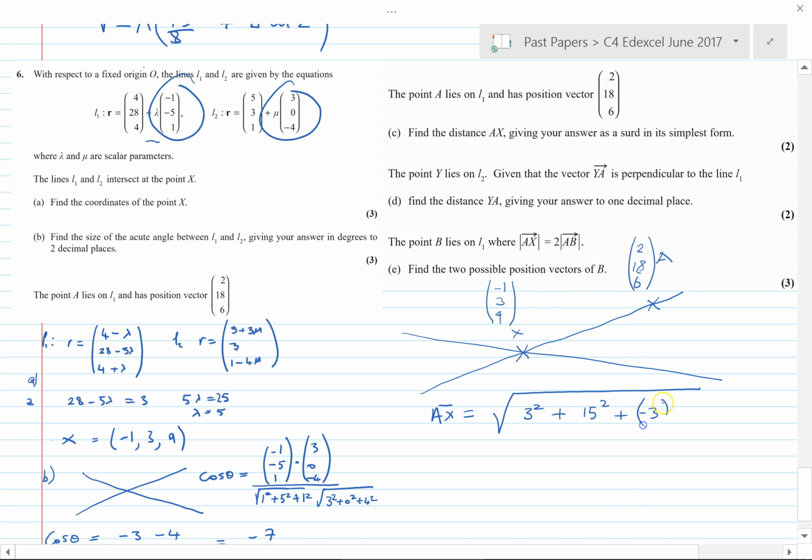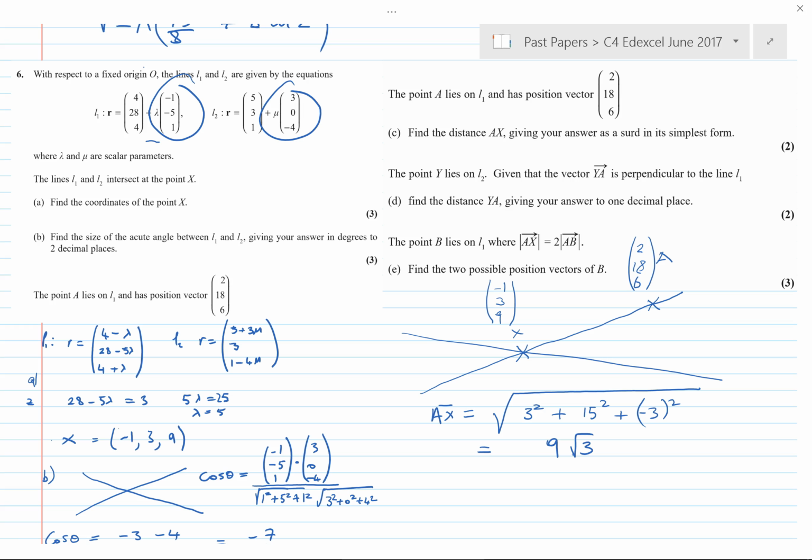Don't really need the -3, but I'll put it in there just for consistency. So that comes to 9 root 3, which is the answer they're looking for, because they want it in exact form and its simplest surd form. Okay, so that's pretty straightforward.